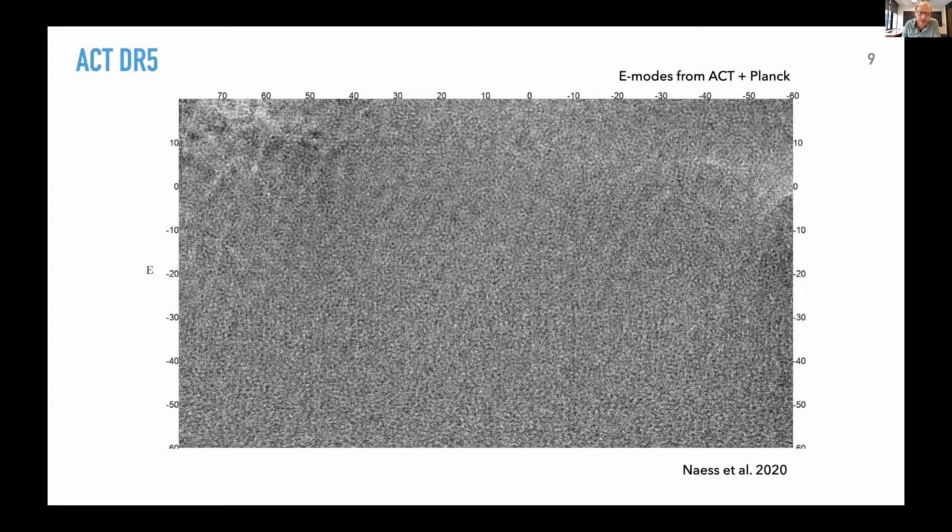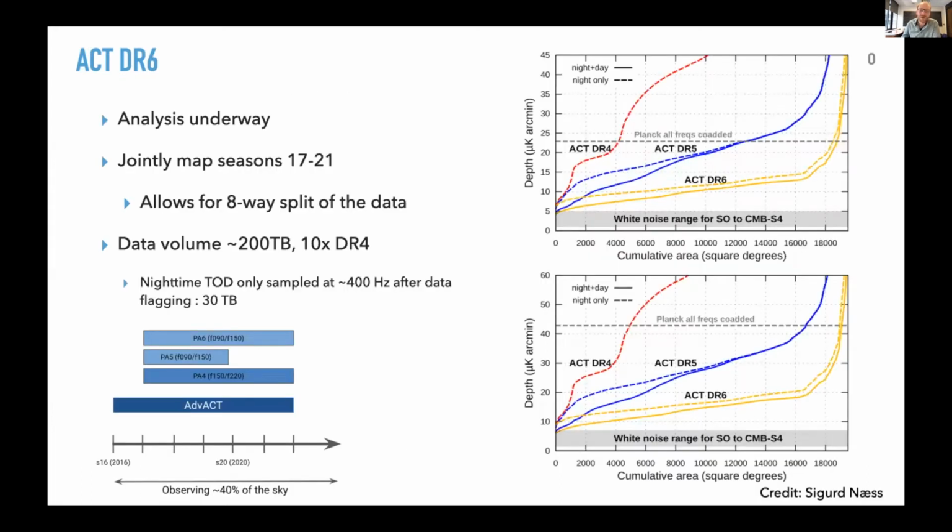All right, so now going on to a data release that's in the future. That's ACT DR6. This analysis is still underway. This comprises a large part of this advanced ACT data set.